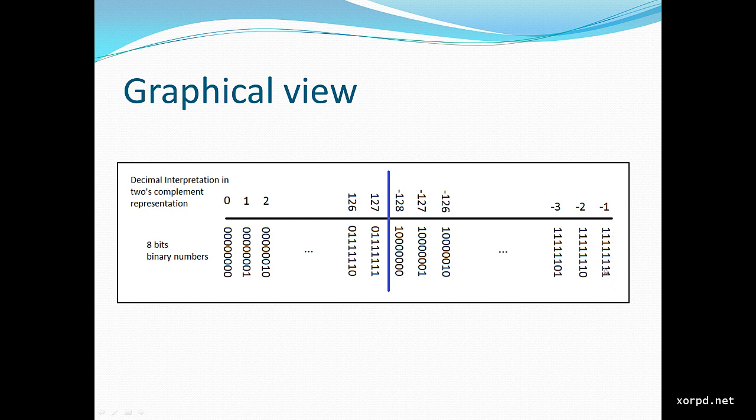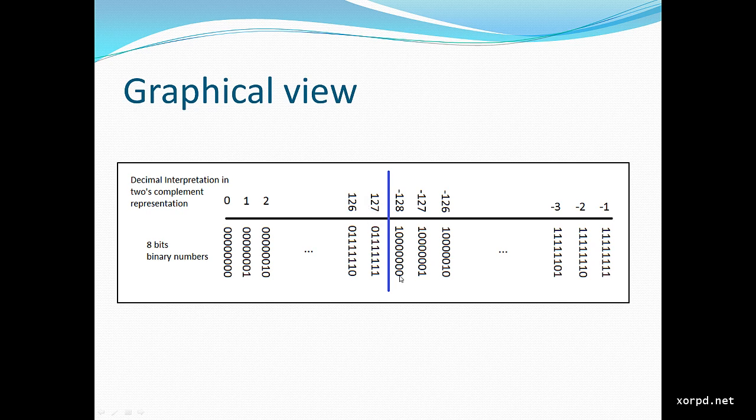This is what we see if we just look at the bits, but we can at the same time look at the interpretation in 2's complement representation. And what we can see is a bit interesting. The first number, this one, is 0, the next one is 1, and this is 2. And we keep going on the side of the positives until this number, which is 1 0 and then 7 ones, which is the highest positive number.